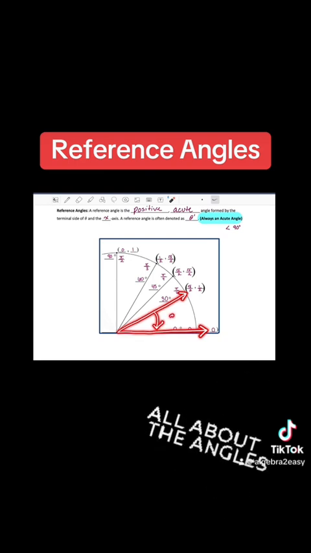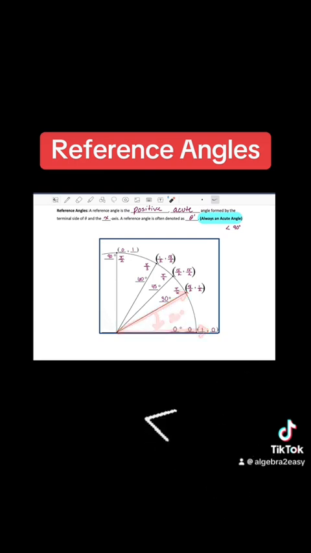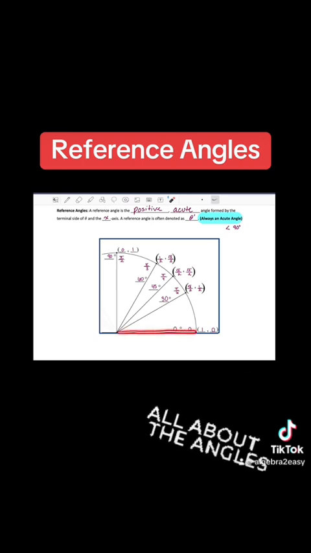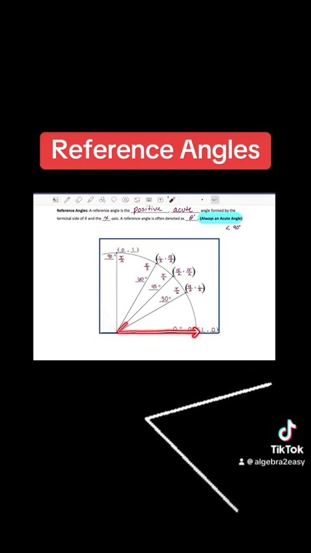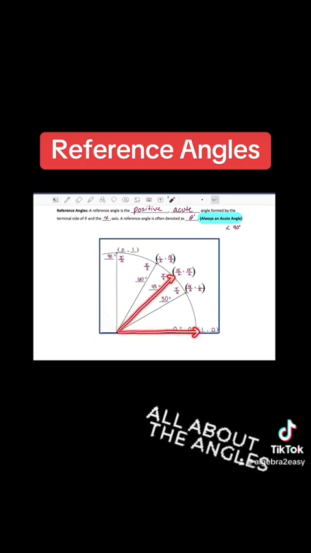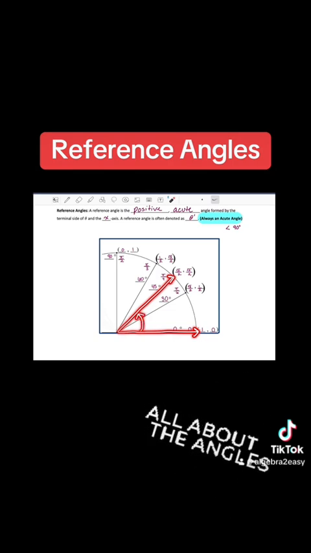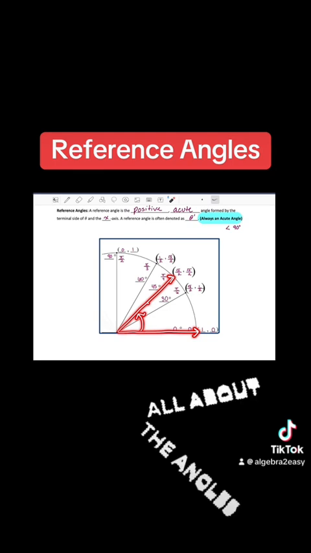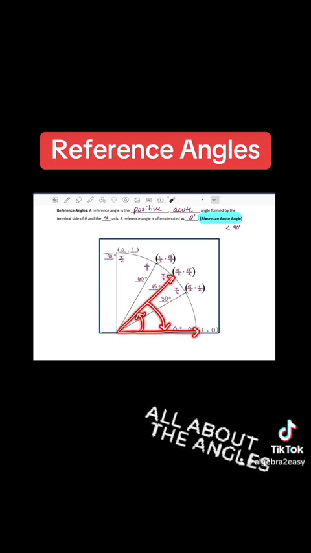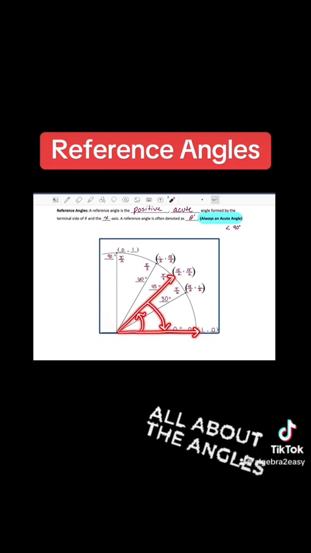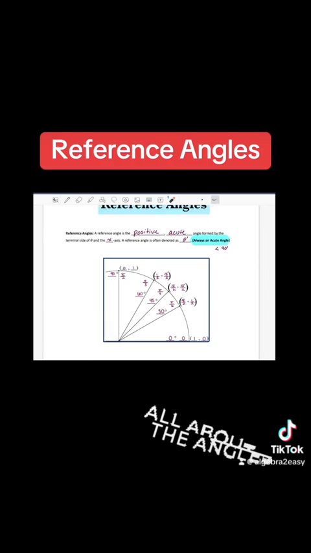For instance, this would be 30 degrees. Everything in quadrant 1 has a reference angle that is the same as the original angle. So for instance, this angle is 45 degrees. From the terminal side back to the x-axis is also 45 degrees. That is a reference angle.